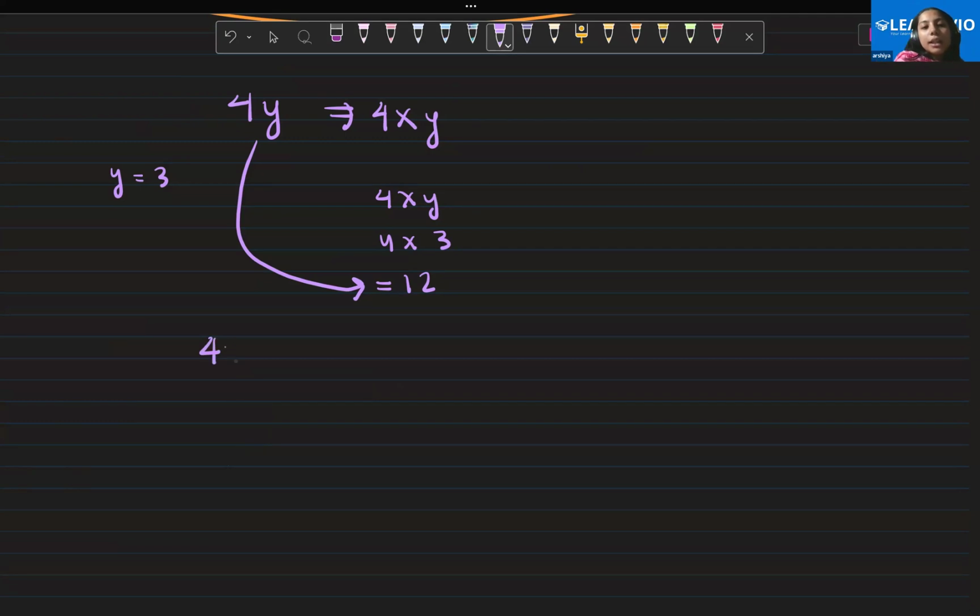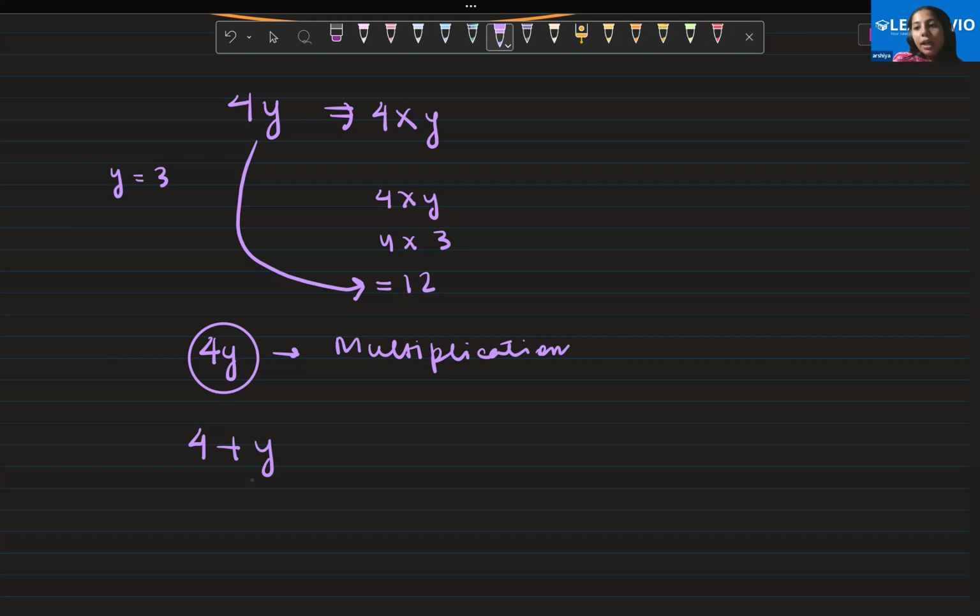Whenever you see that there is no sign and the numbers are written together, that means this is multiplication. If 4 and y were in addition, then we would write it as 4 plus y. If they are in subtraction, we would write 4 minus y, or we prefer to write the variable first, so it's written as y plus 4 or y minus 4.